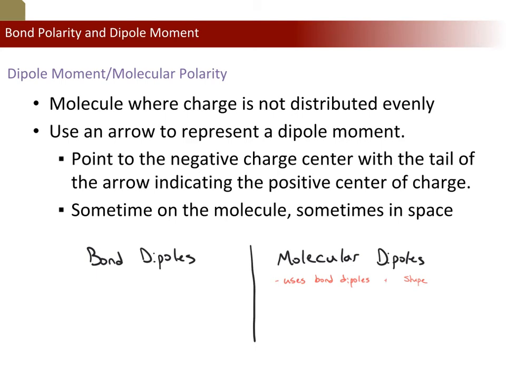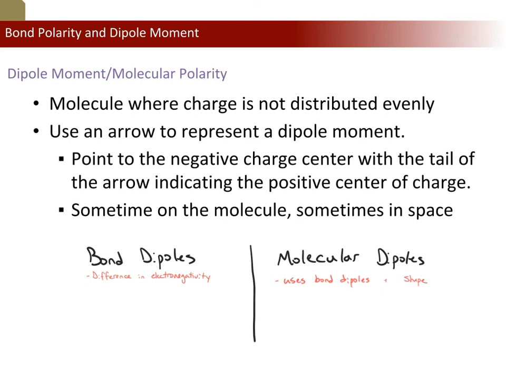But bond dipoles are only identified using differences in electronegativity. But an overall dipole or a molecular dipole is factoring in the bond dipoles and the shape of the molecule. Just like in a bond, the electrons might not be distributed evenly throughout the bond, well, that might also be the case in a molecule that is made up of multiple bonds.